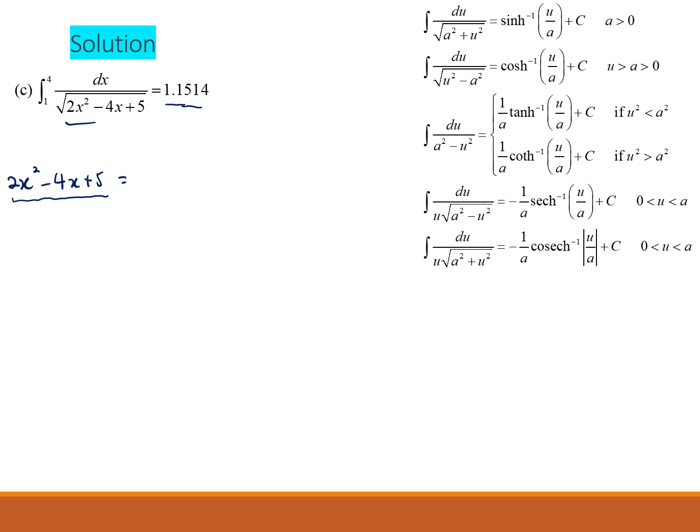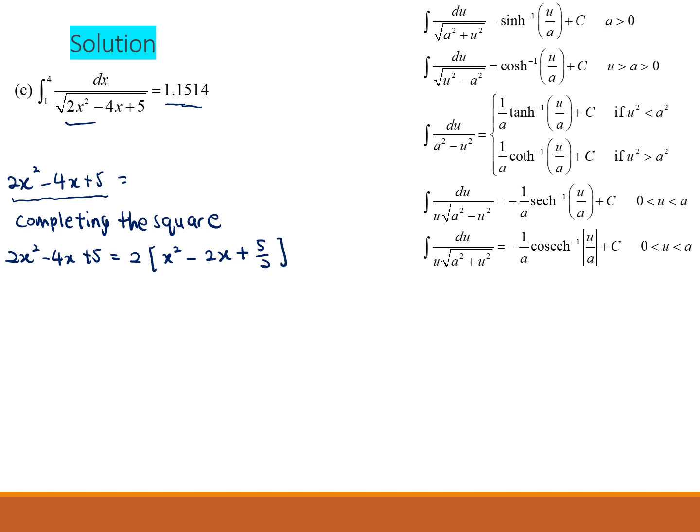In order to do this, we use completing the square. First, we take out the constant of x squared. This will be x squared minus 2x plus 5 over 2.